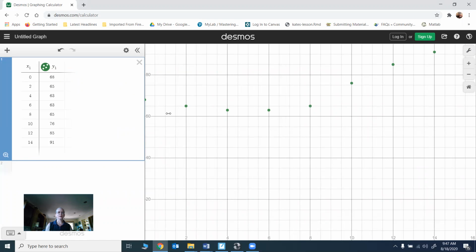There's a way to make Desmos fit the curves, but right now we're not going to do that. But if you think about having a curve here and just connect the dots, you can see that at 11 o'clock, it looks like it's about 80 degrees. So we can now say that it's 80 degrees. And you can do a screen grab of the graph and put it in the notes.